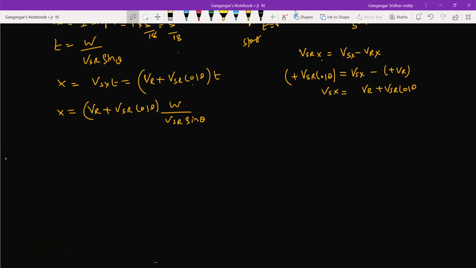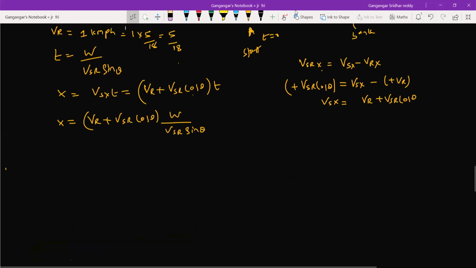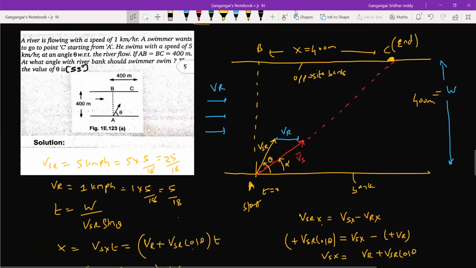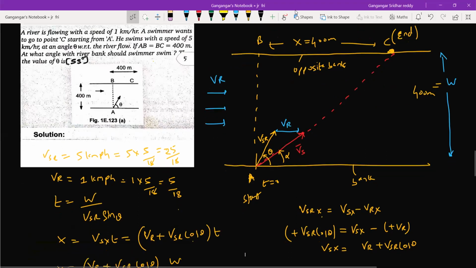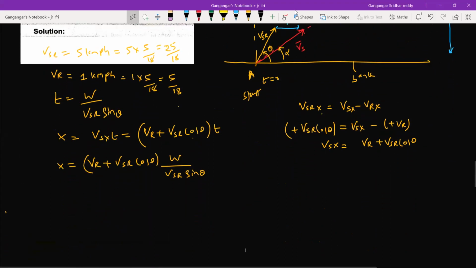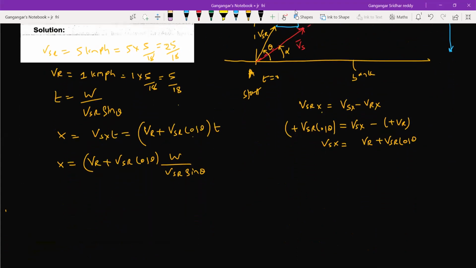I'll just slide up. Now we'll go for the calculation. Let me substitute all the values here.